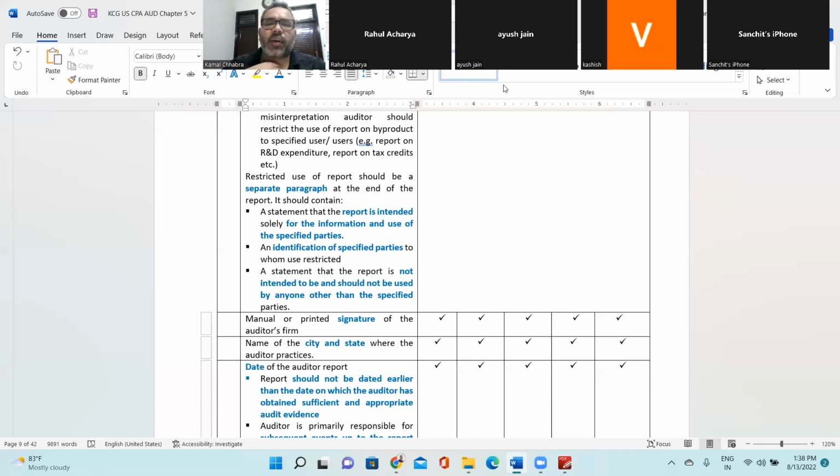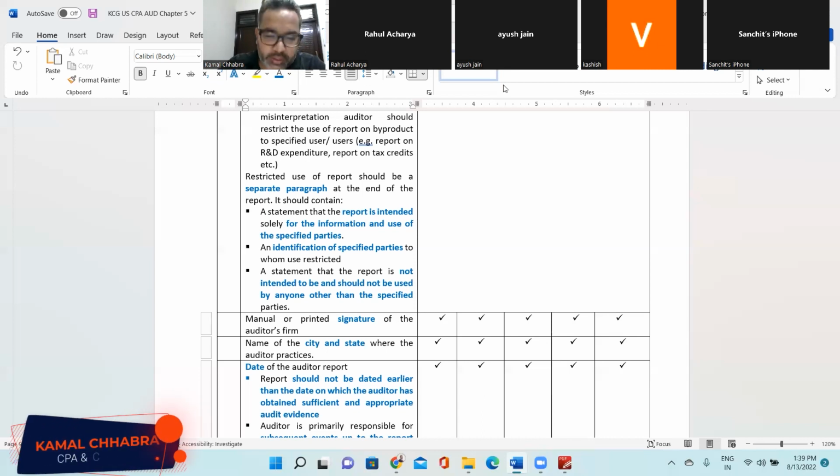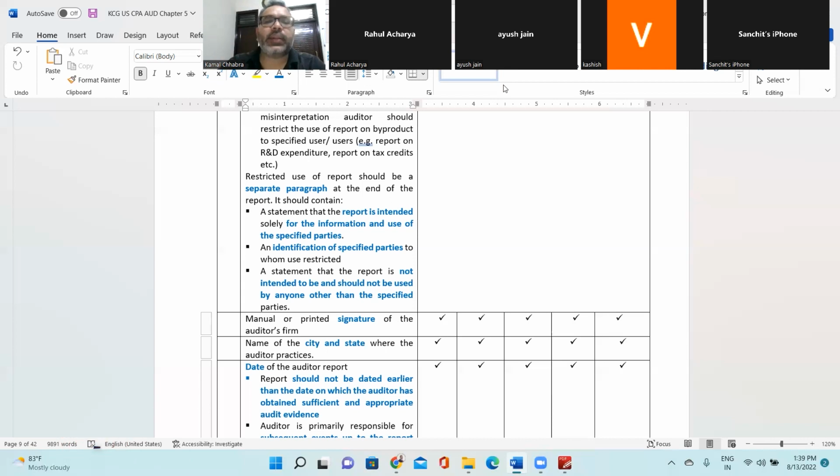EY is the auditor of the consolidated or group financial statement of Amazon, and EY US has appointed EY India as the auditor for the Indian component. EY India is auditing Amazon India and issuing the report to EY US for the consolidation purpose.